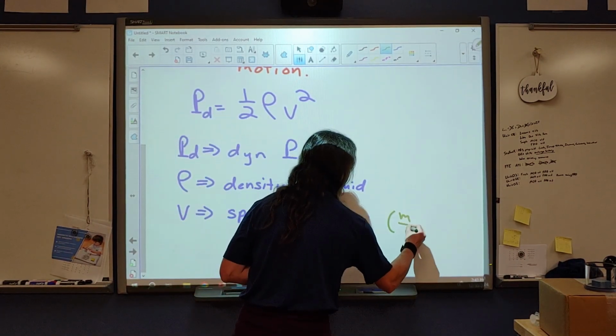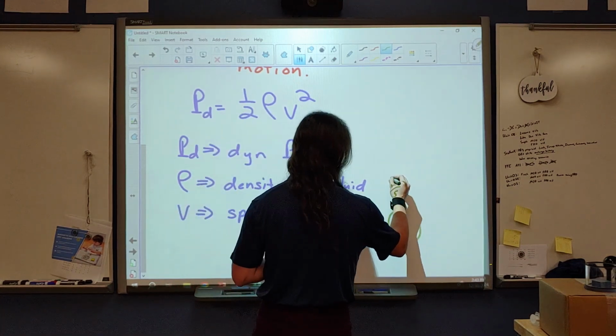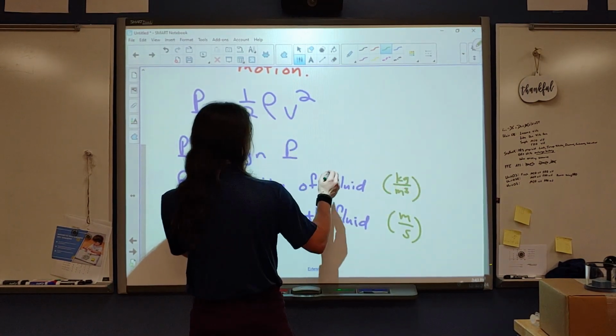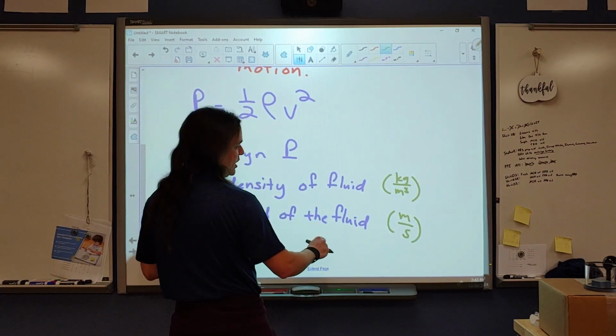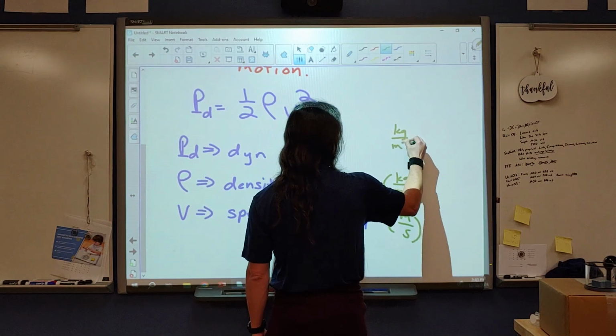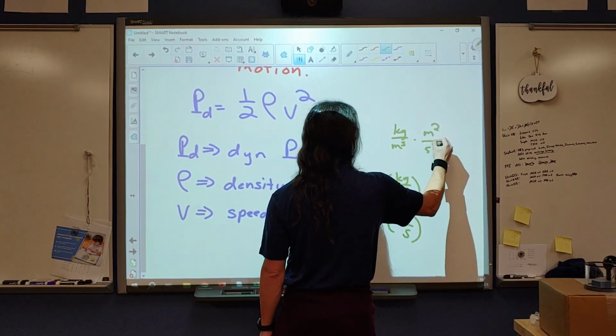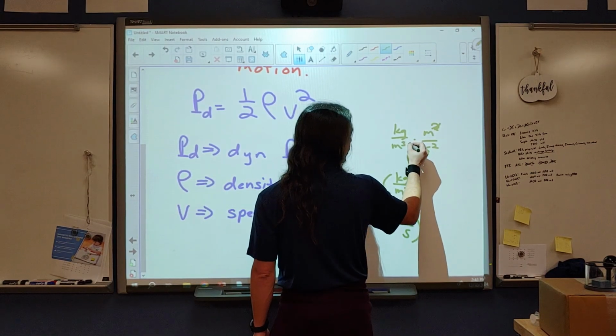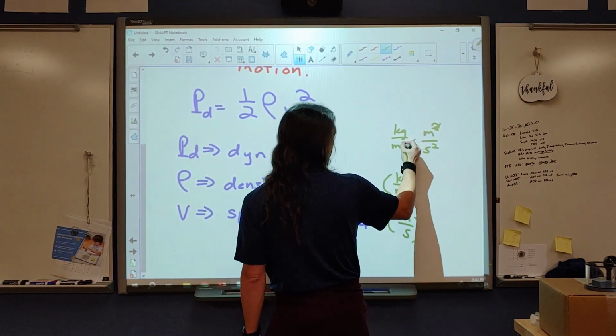So we've got V in meters per second. We've got fluid density, which is in kilogram per cubic meter. And then multiplying those out, we would end up with the following. We would end up with kilogram per cubic meter times meter squared per second squared. One of the meters cancels out, and we end up with meter squared and meter cubed.